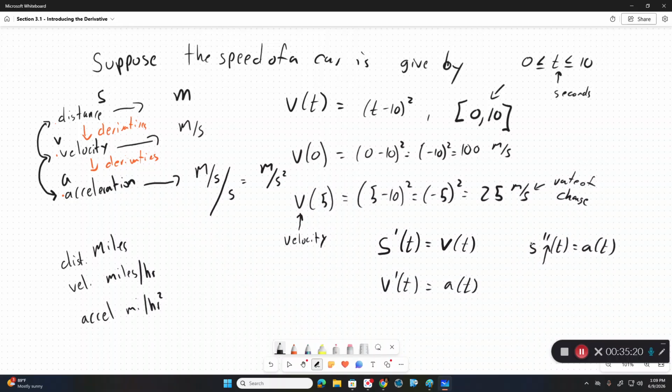One derivative takes you from distance to velocity. The second takes you from velocity to acceleration. Okay, so distance, velocity, acceleration. You're going to see a lot of this type of structure as our function is measured in some unit. The velocity is unit per time, and the acceleration is unit per time squared. That's going to be a real common solution.